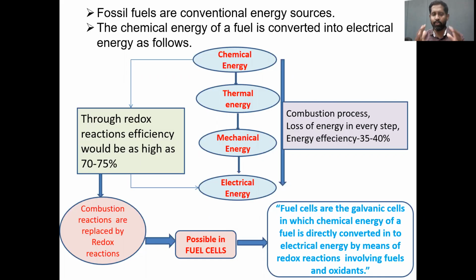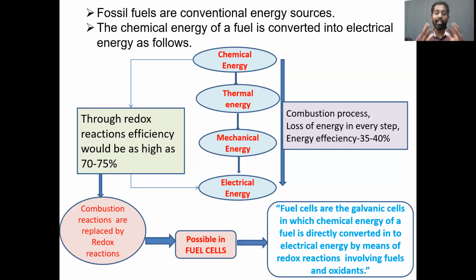The fuel cells we are going to discuss are galvanic cells in which one form of energy, the chemical energy of a fuel, is directly converted to electrical energy. How? By means of a redox reaction, not by combustion.